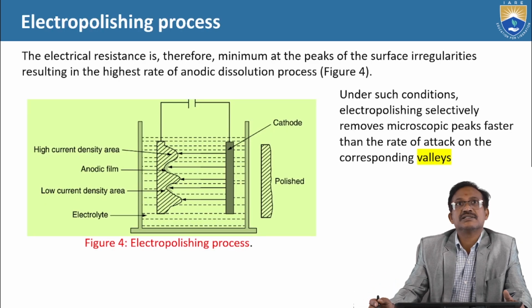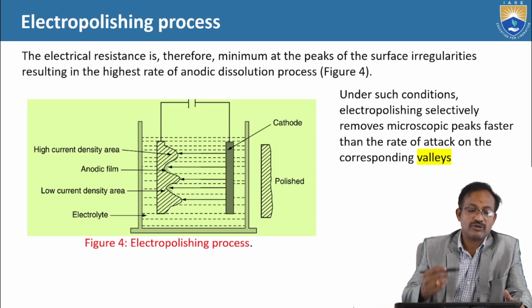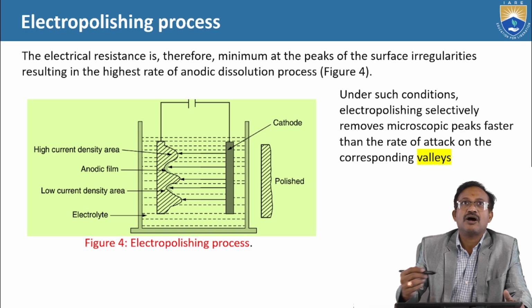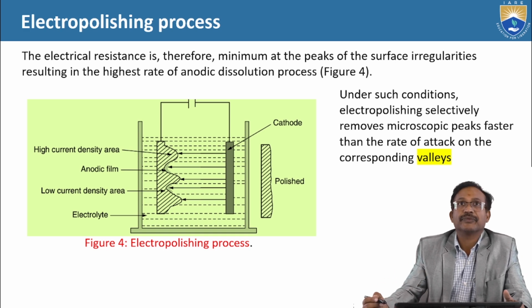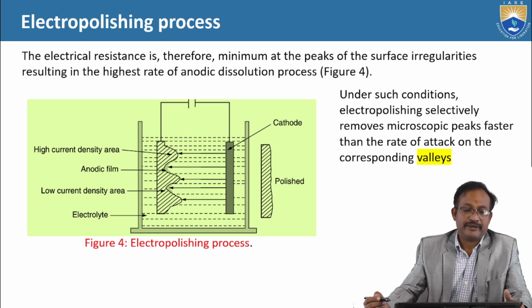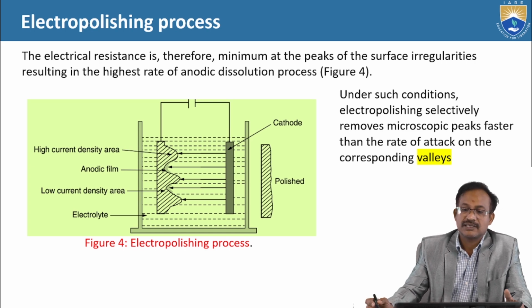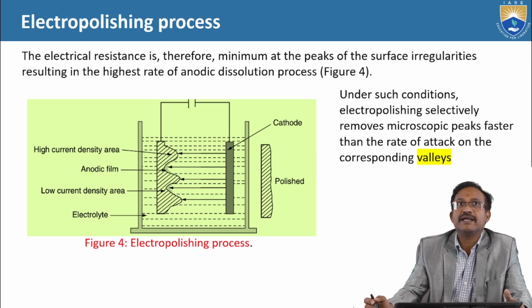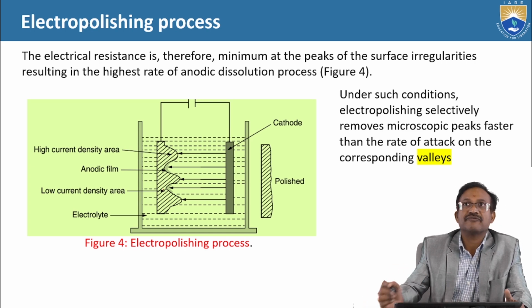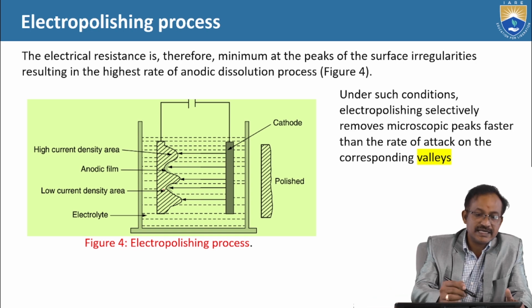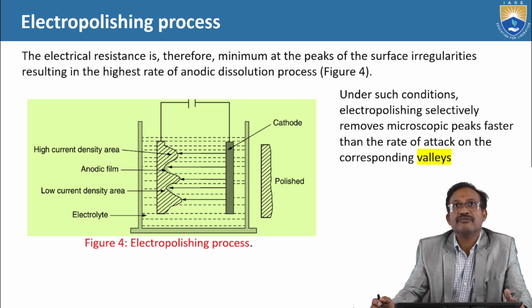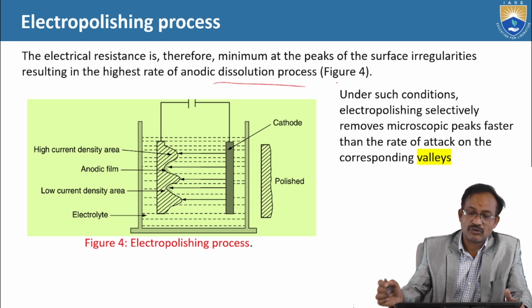Now look at this electropolishing process, how it is going. The electrical resistance is therefore minimum at the peaks. Here you can observe surface irregularities, resulting in the highest rate of anodic dissolution process.